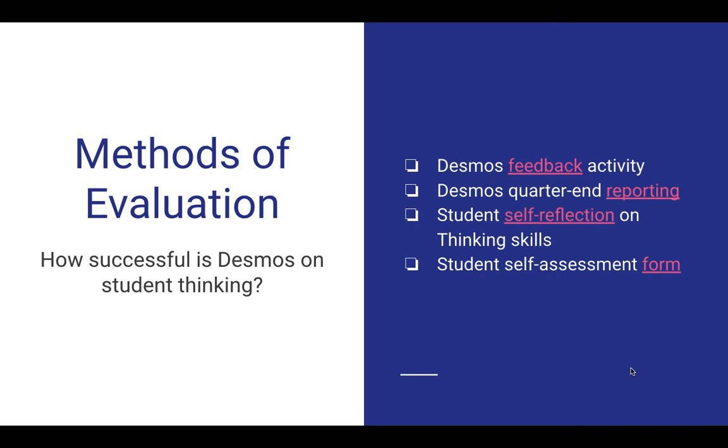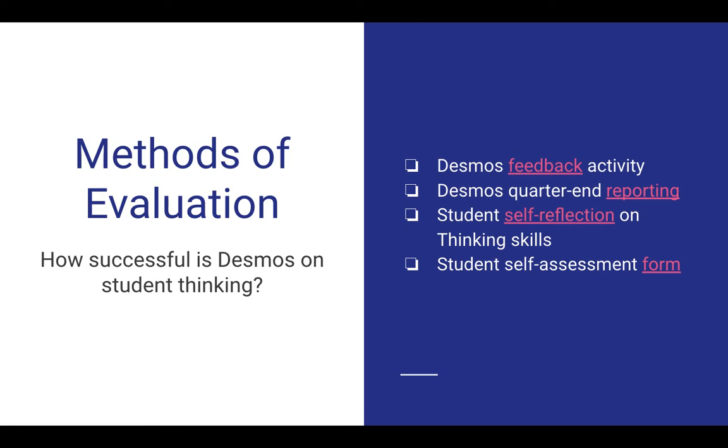There are quite a few methods of evaluation that I listed here. One of them is the Desmos feedback activity. This is more for students, but you can also use it for teachers and staff members, to see how they feel about incorporating Desmos into a classroom. There is a mandatory Desmos quarter-end reporting and student self-reflection on thinking skills.